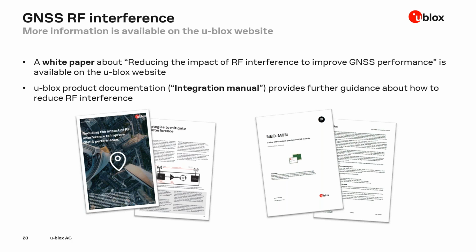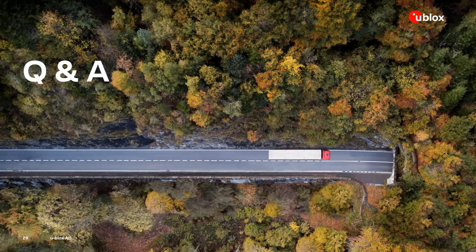There is also the product documentation of our products, and in the integration manual there are guidelines on how to reduce RF interference. Besides that, our application engineers always help if you need assistance.